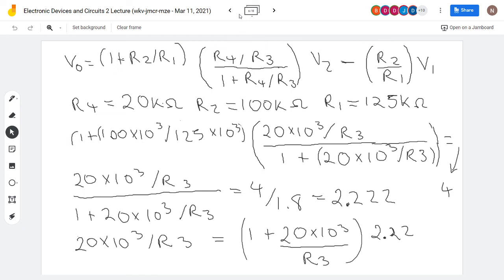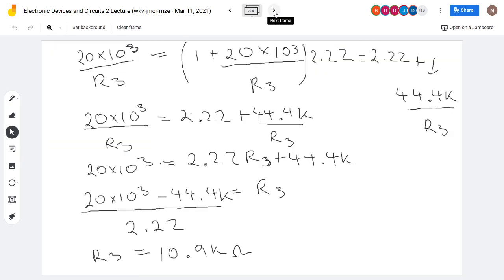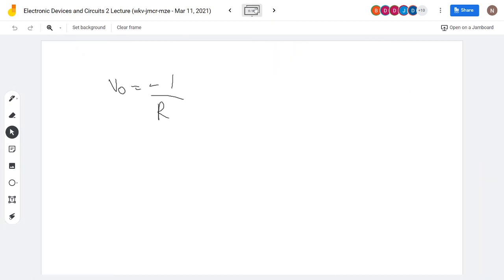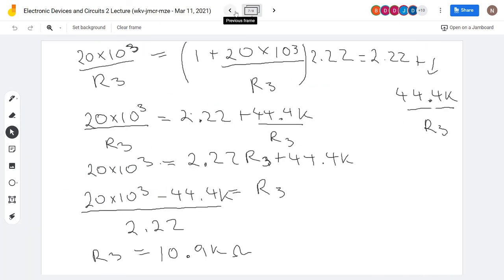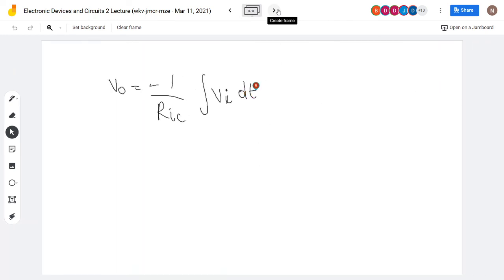The output voltage expression on the Jamboard? It's negative. Write it on the Jamboard. Anybody wants to, please. Okay.